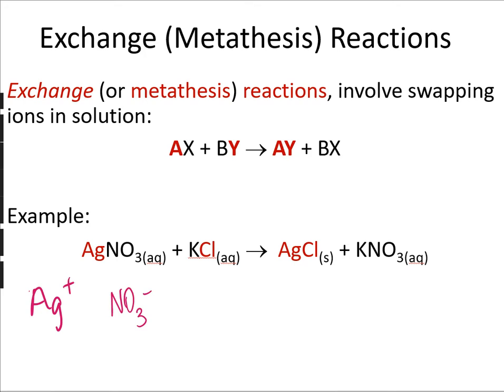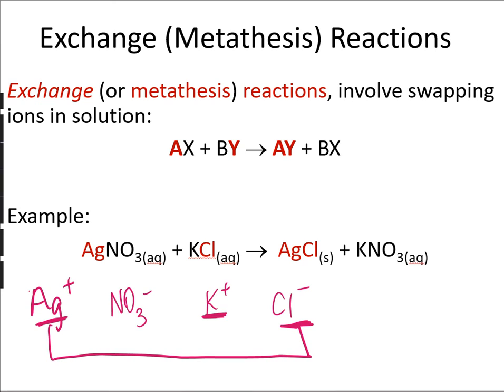Now, we're not concerned about the physical state or the number of ions, just the identity of those ions. The same thing with the potassium chloride. You have your potassium ion and your chloride ion. So to predict the product, again, this positive now pairs with this negative. This positive now pairs with this negative.